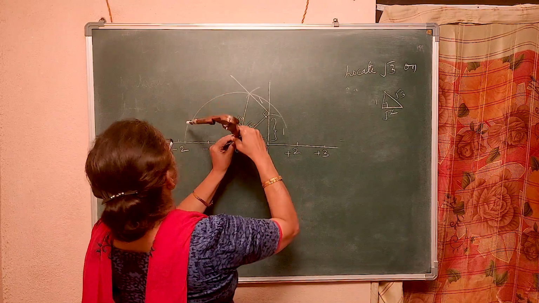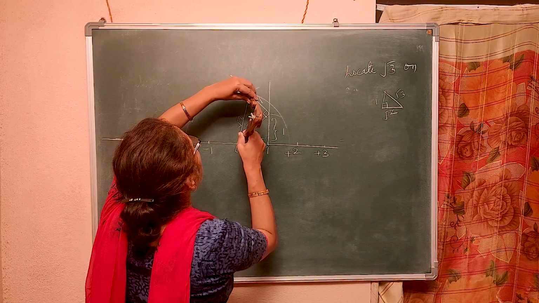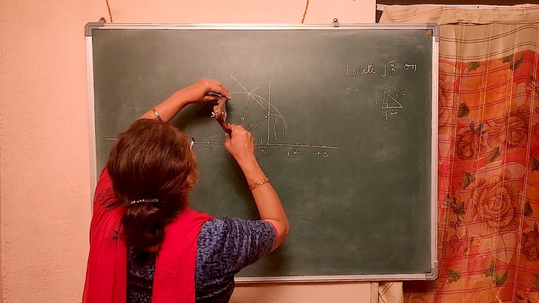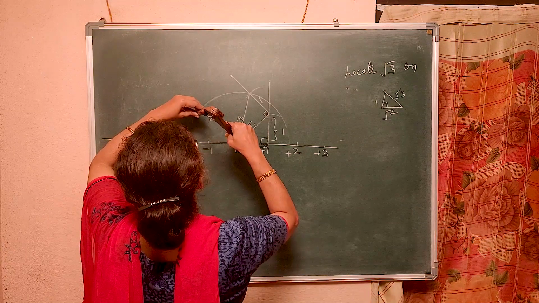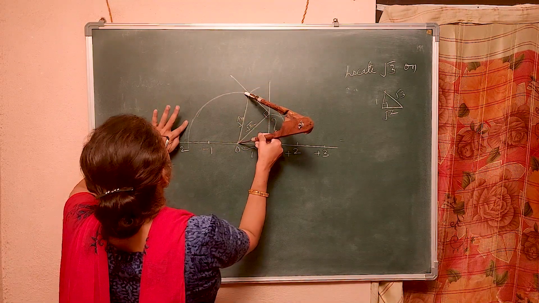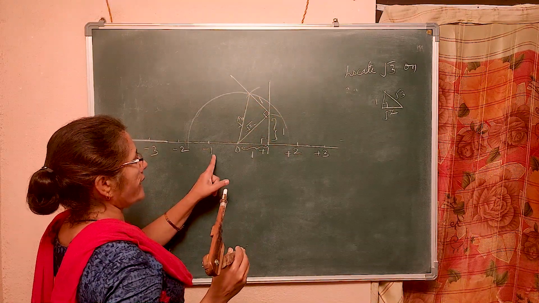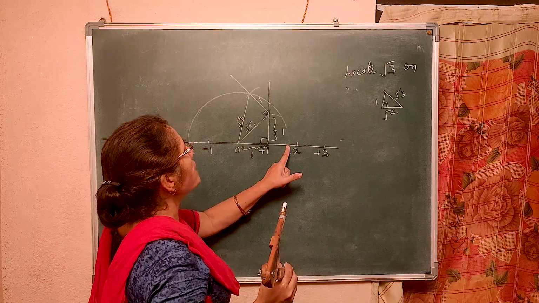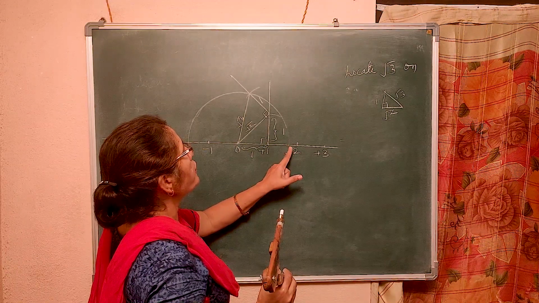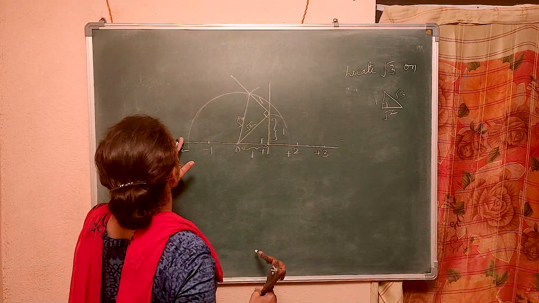If your line goes beyond 2, it is wrong then. It is nearer to 2, but it is less than 2. It is around 1.76 or something like that.